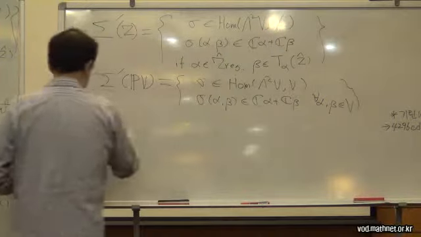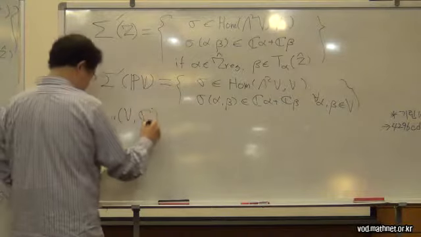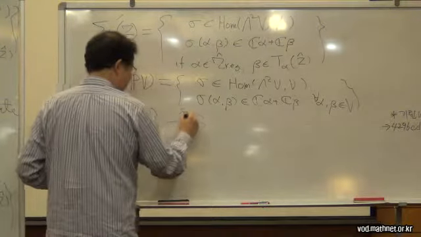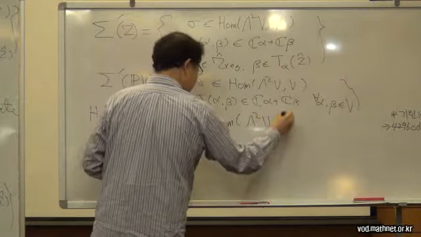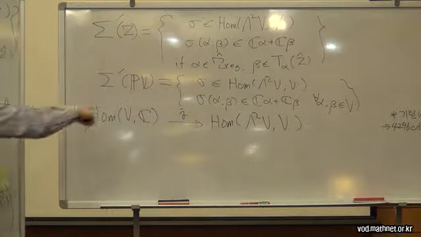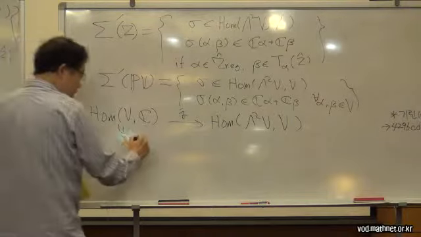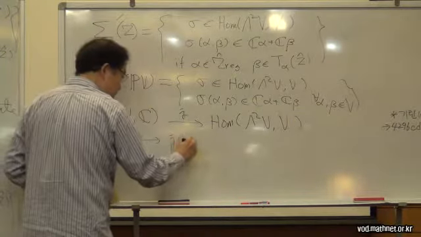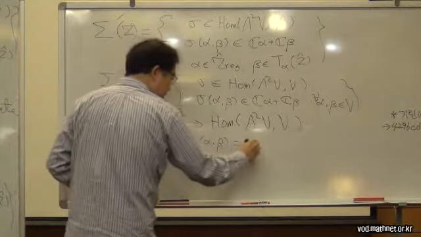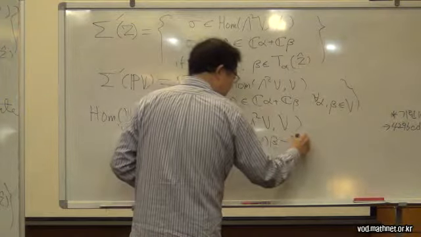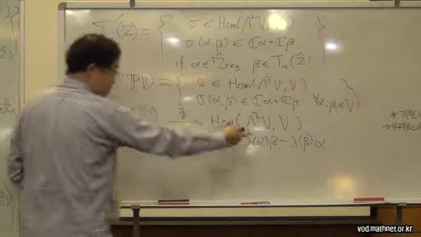Now let's define a homomorphism J from the dual of V to sigma prime PV in the following way. If you are given a linear functional lambda on the vector space, I'll send it to the following element, defined as lambda alpha beta minus lambda beta alpha. Okay? That's an element here.